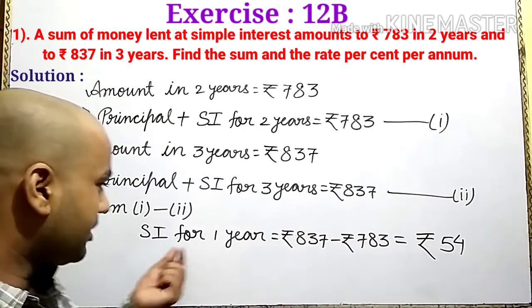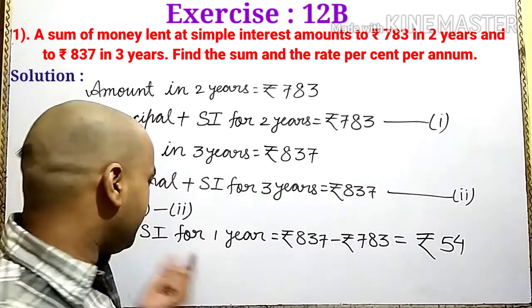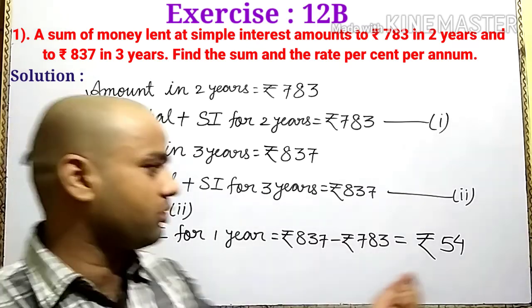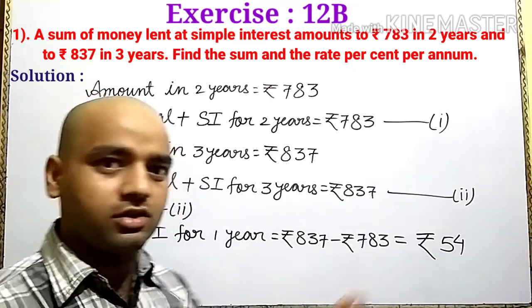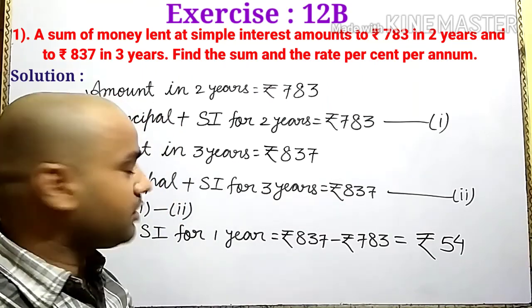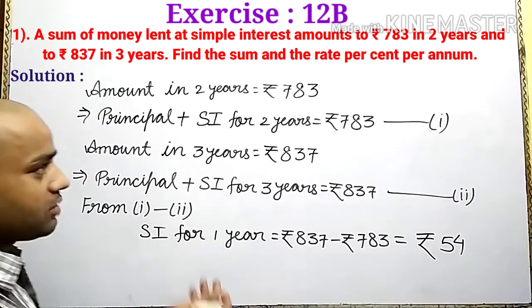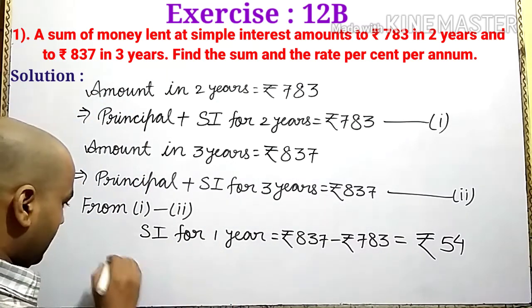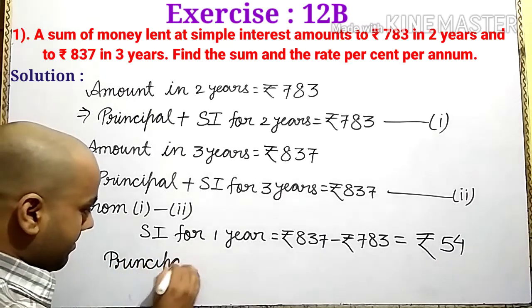The simple interest for 1 year we find by unitary method. For any year, means here find simple interest of 2 years, multiply by 2, simple interest for 4 years, multiply by 4. Is it clear? What mainly we focus on here is to find the principal. So we find out the principal.